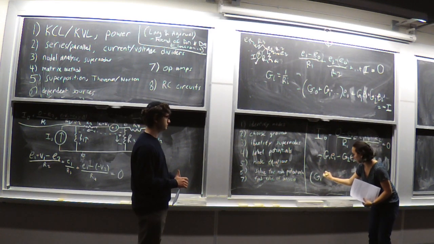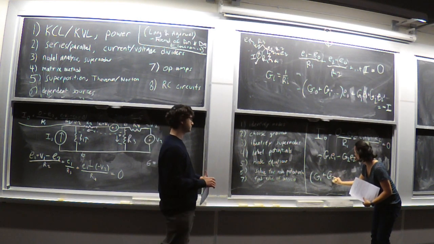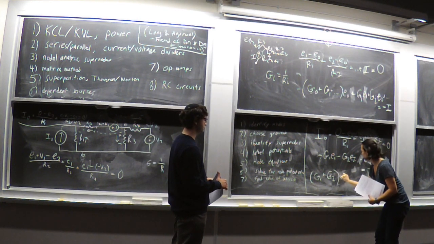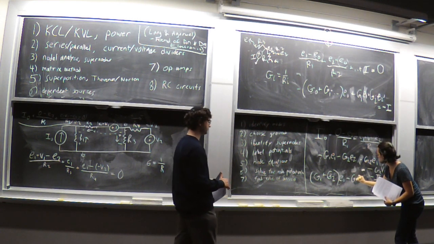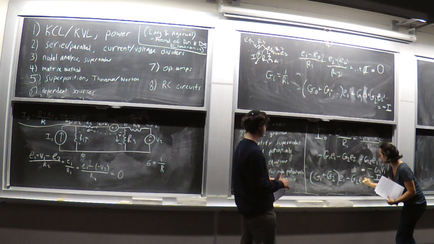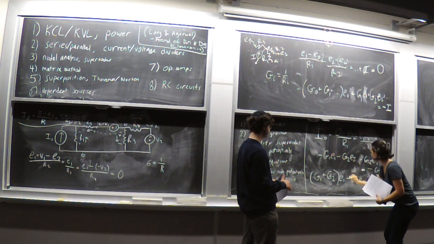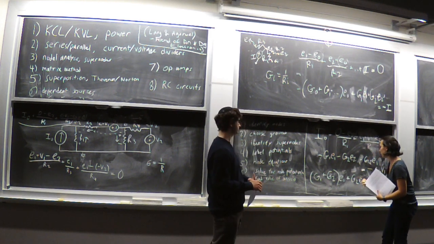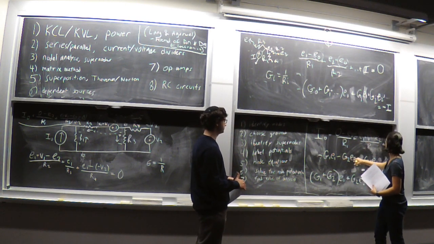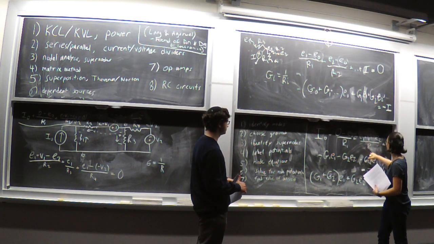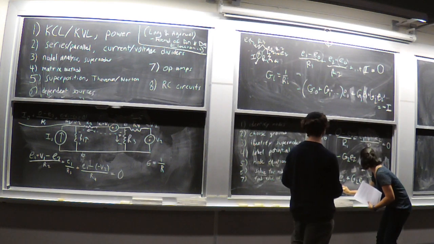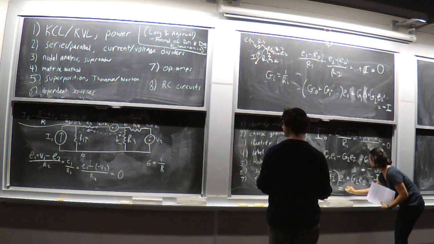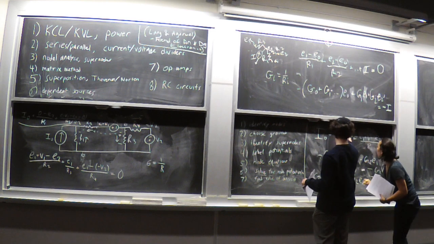Okay, if we group terms, we'll have, multiplying by negative 1, G1 plus G2 times E1, minus G2 times E2. This should be a plus. This is minus, this should be a plus. And this is an E2.